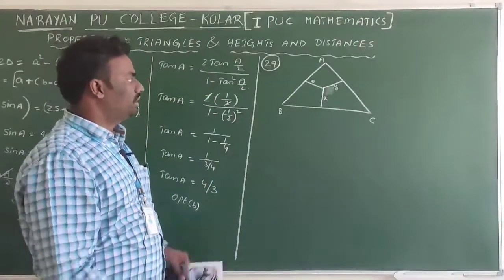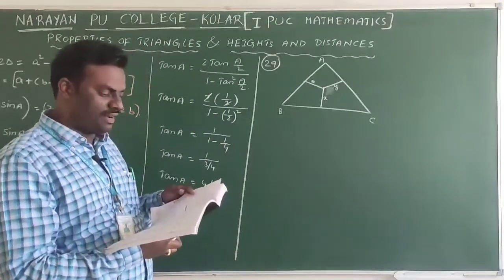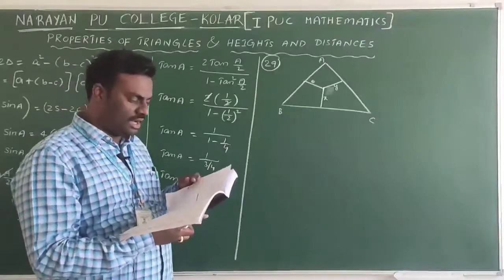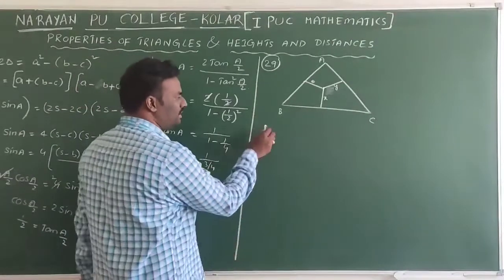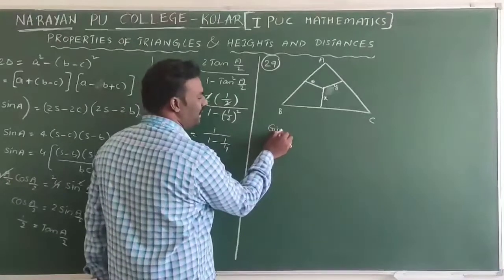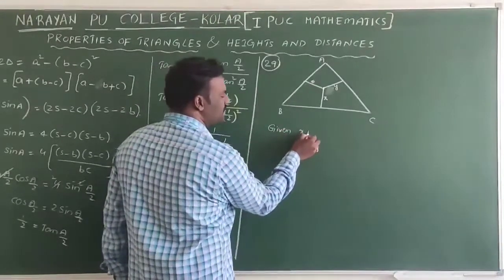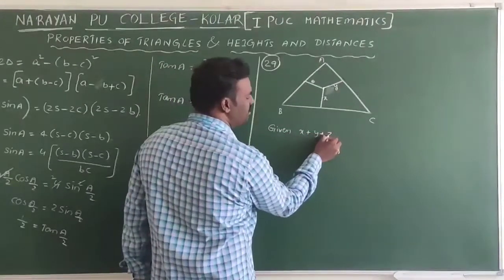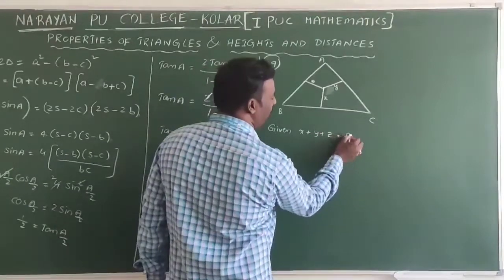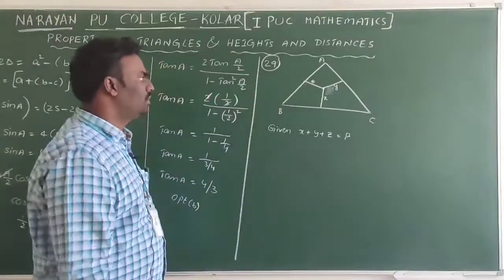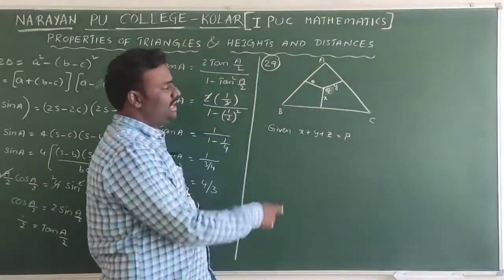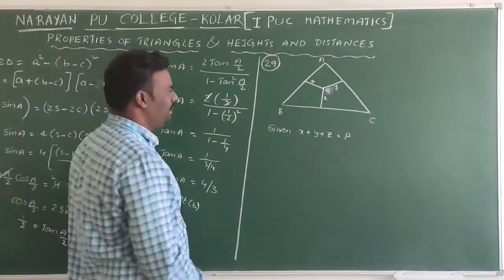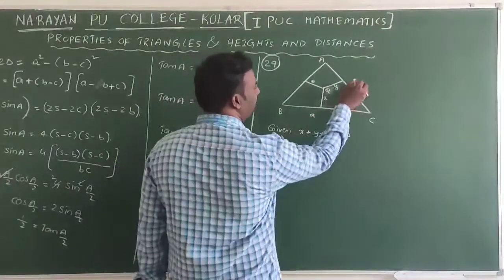They gave that the sum of lengths of perpendiculars on the sides dropped from Q is P. That is, the sum of perpendiculars x plus y plus z is equal to P. Now, actually this is an equilateral triangle, meaning all sides are equal.